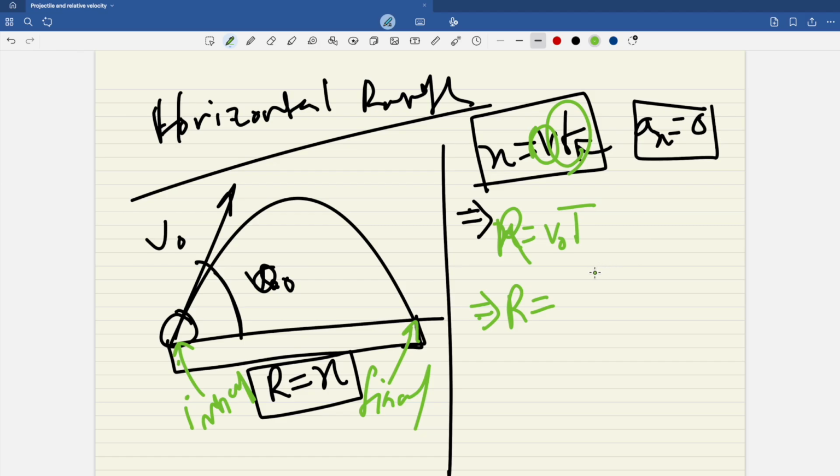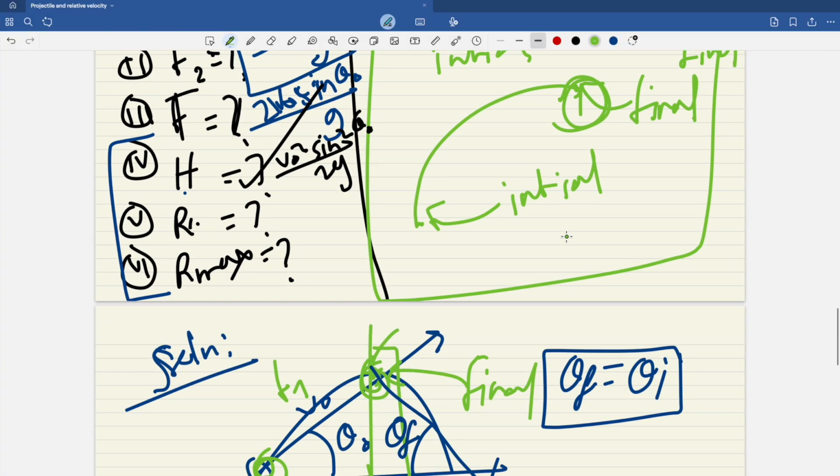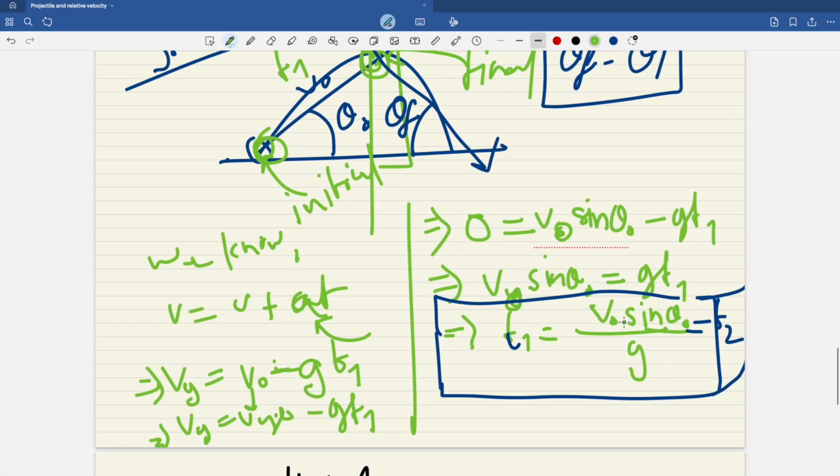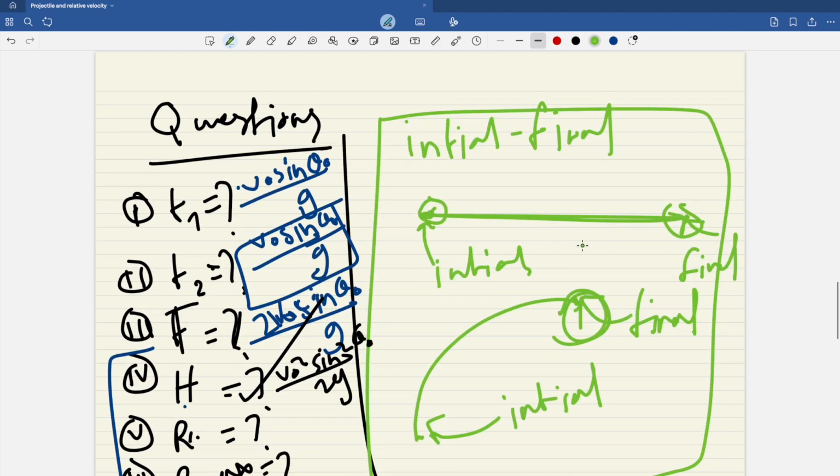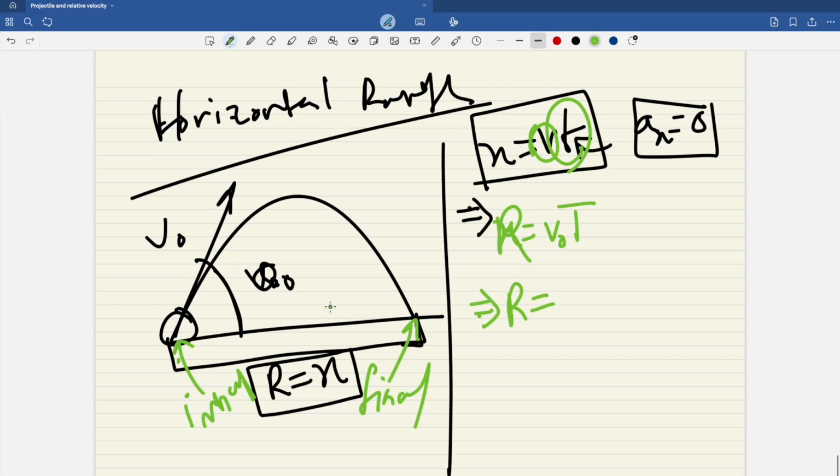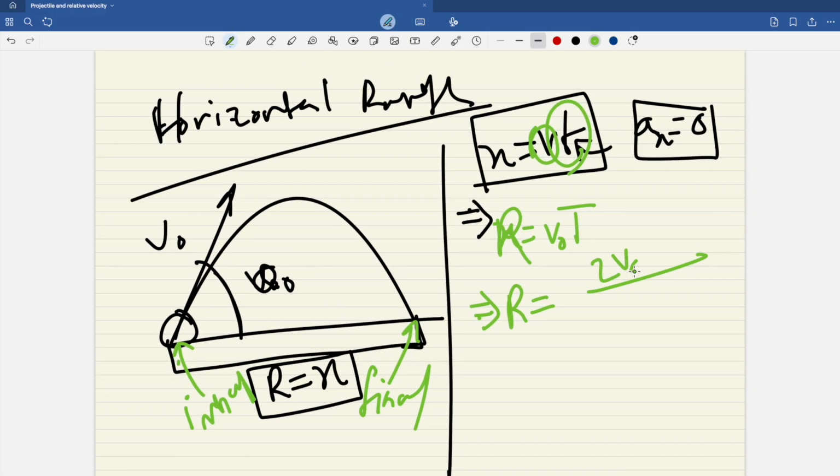Now this t, as we had derived, was equated to 2 V naught sine theta naught divided by g. We can put this right over here, and this V naught remains V naught. So 2 V naught square sine theta naught divided by g can be written as this.